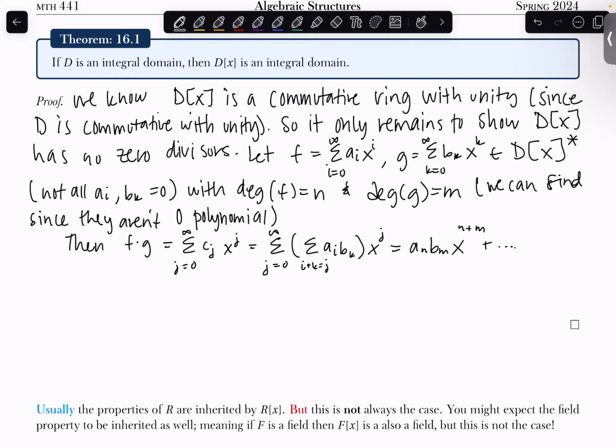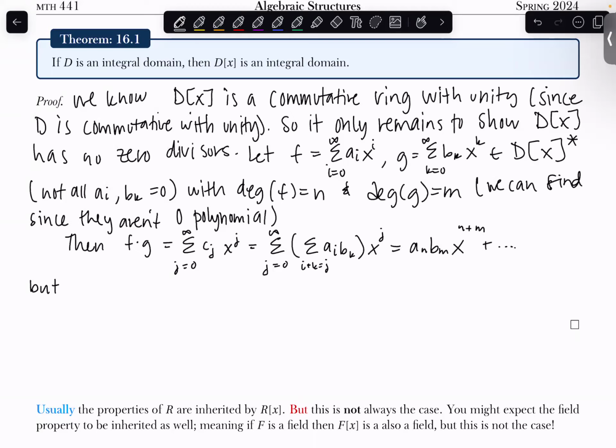Okay, so here, what can we say about these two coefficients here, my a sub n and b sub m? Where are they coming from, and what do I know about them? Yep, so this one's coming from my f, and this one's coming from my g, where f has degree n, and g has degree m. So what does that tell me about the leading coefficient if it's degree n or m here?